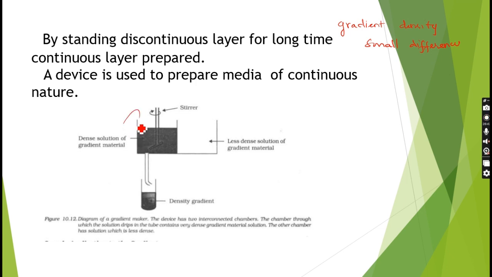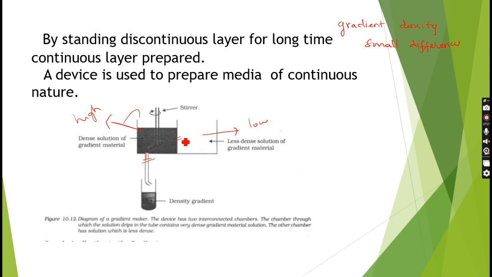In this image, there are two test tubes, with an outlet. In one there will be a low dense solution present. In the other there is going to be a high dense solution present, where there is a stirrer for continuous stirring of components. There is only one outlet. A test tube is there, where the high density solution is dripped into the test tube, then it is stopped.